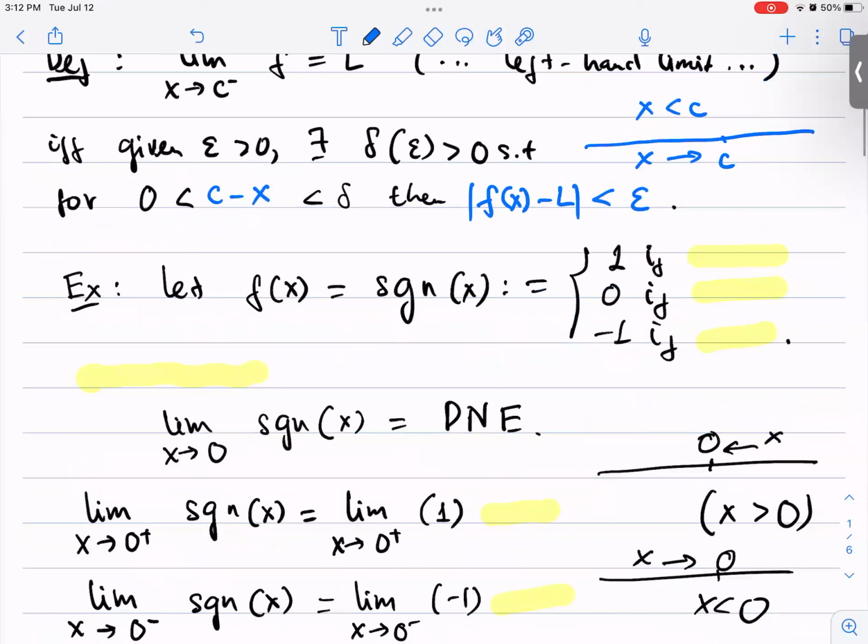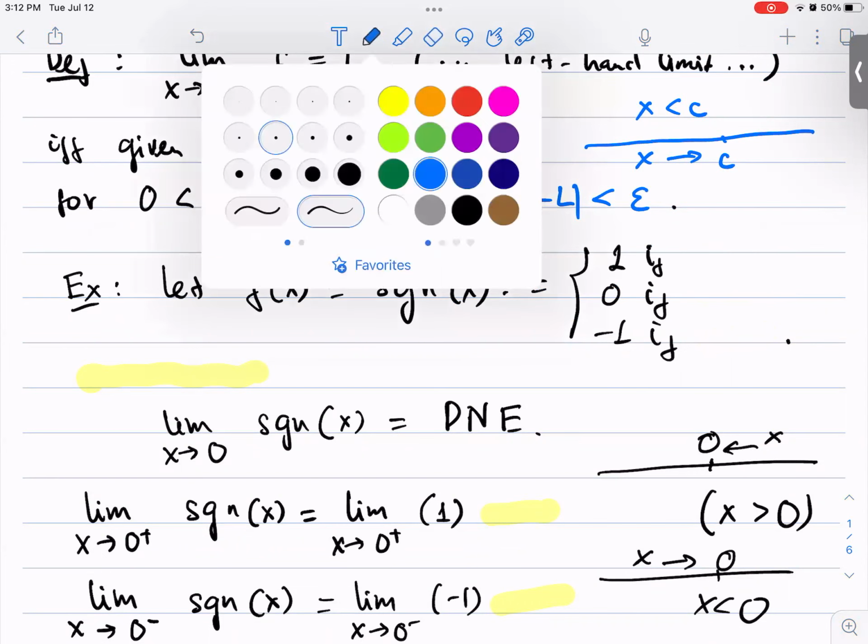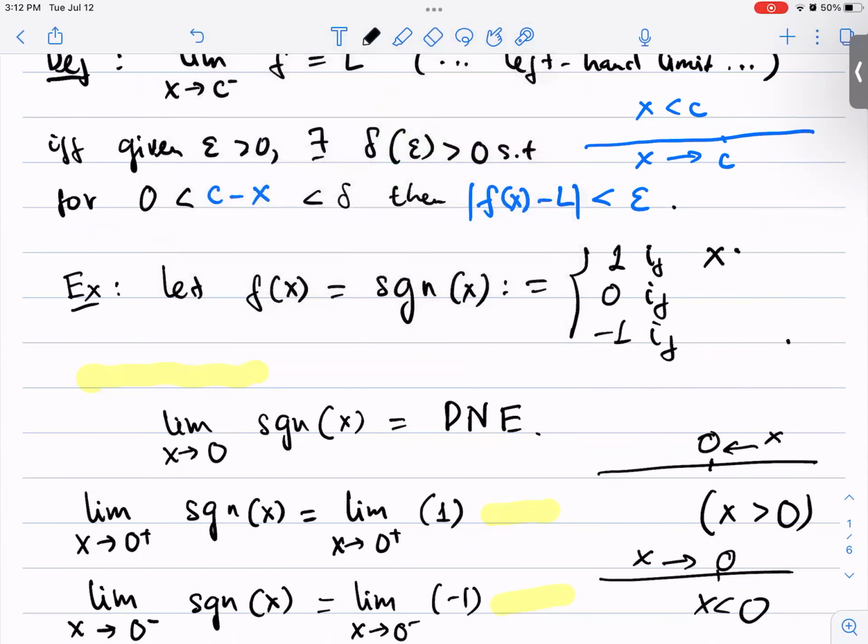Here is an example. Let f of x be the sign function of x. That is equal to 1 if x bigger than 0, equal to 0 if x equal to 0, and equal to minus 1 if x smaller than 0.